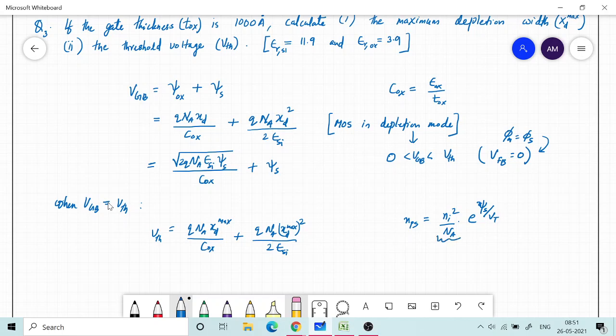If Na was 10 raised to 16, ni square by Na is of the order of 10 raised to 4. And then we considered two cases of psi s. One was 0.1 volt, or 100 millivolt, and then we got this multiplied by some 10 raised to 2 or 10 raised to 3 factor.